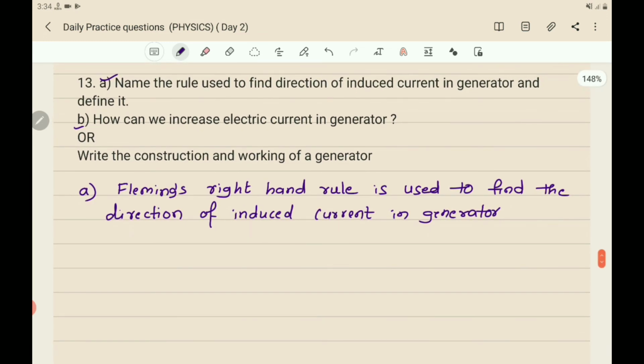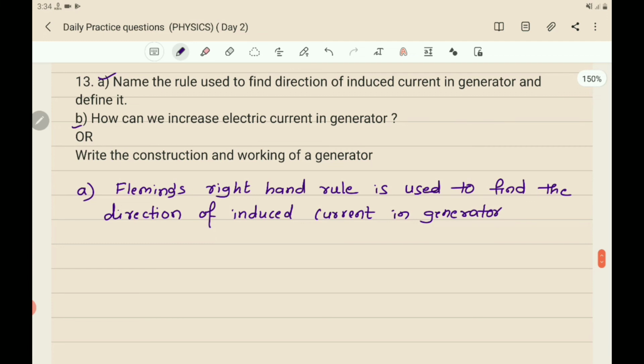Then define it. Let us write the definition of Fleming's right hand rule.